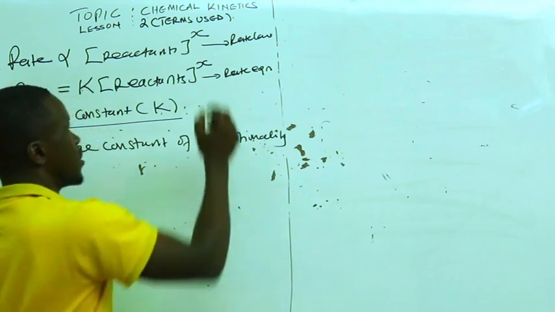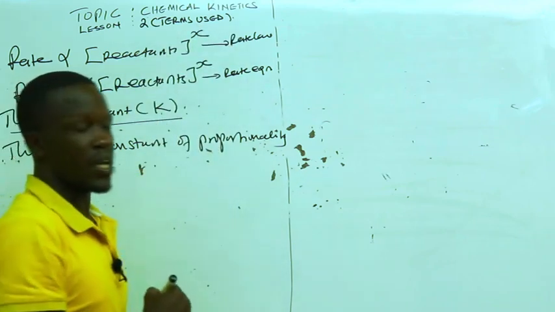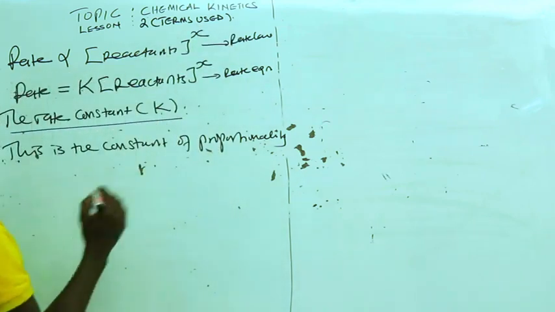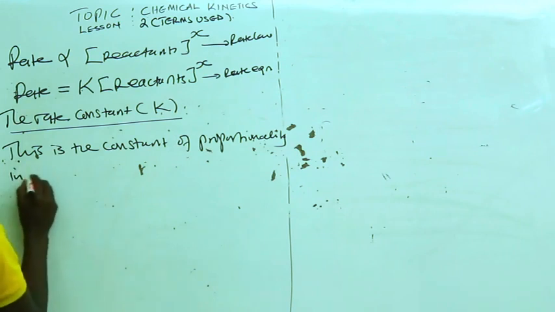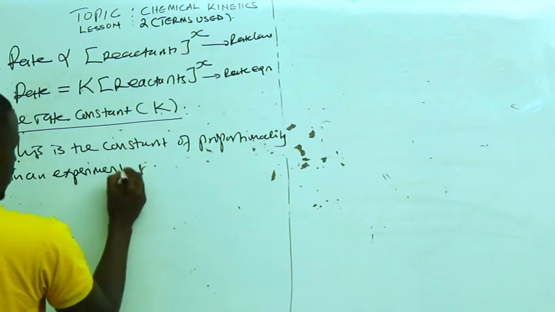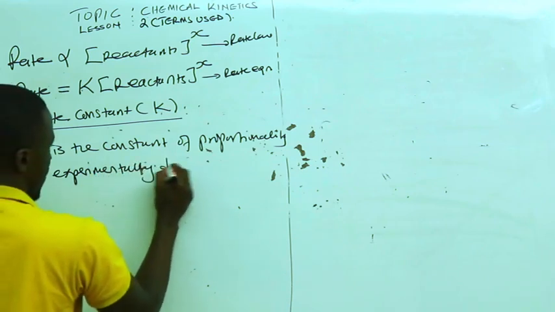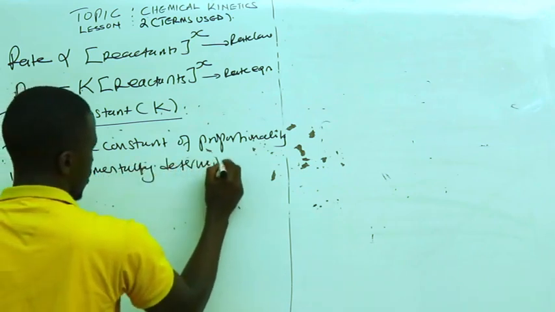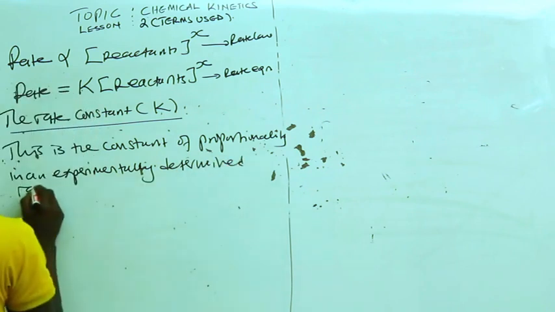Remember, this power is only experimentally determined. So this is the constant of proportionality in an experimentally determined rate equation.